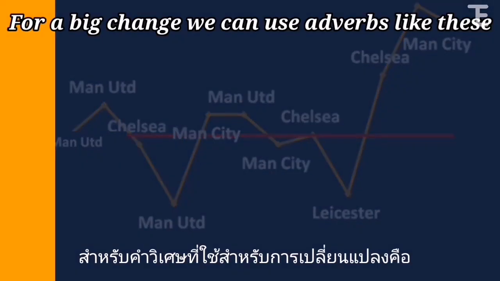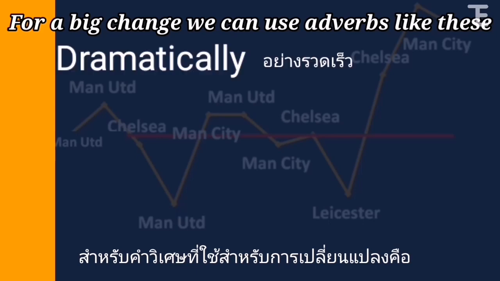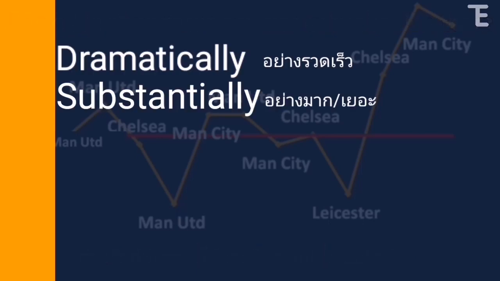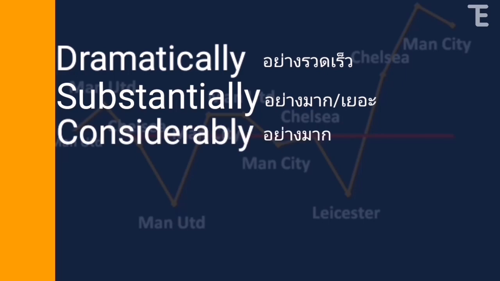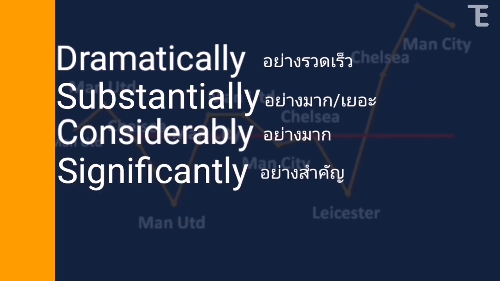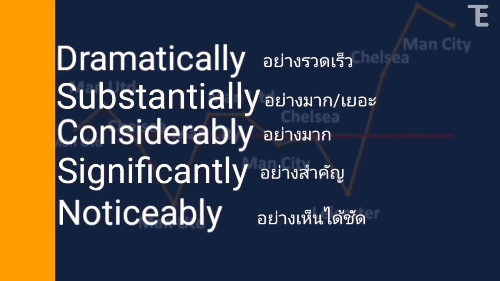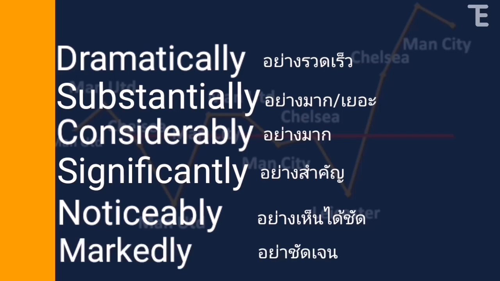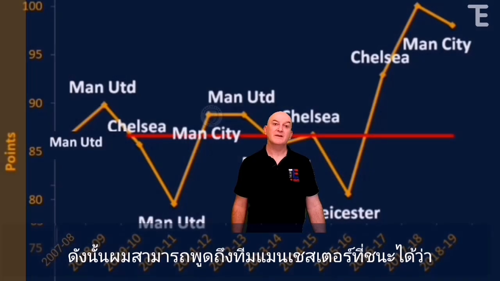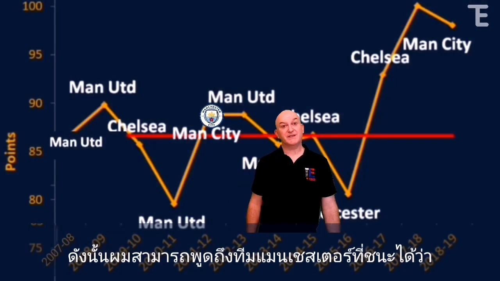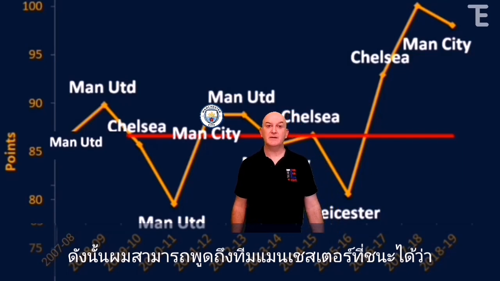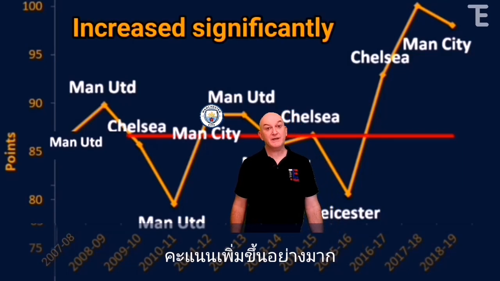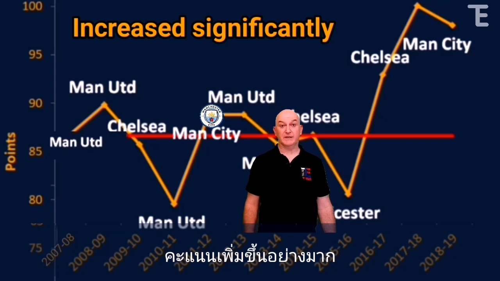For a big change, we can use adverbs like these: dramatically, substantially, considerably, significantly, noticeably, or markedly. So I can say that when Manchester City won the league, the number of points increased significantly.